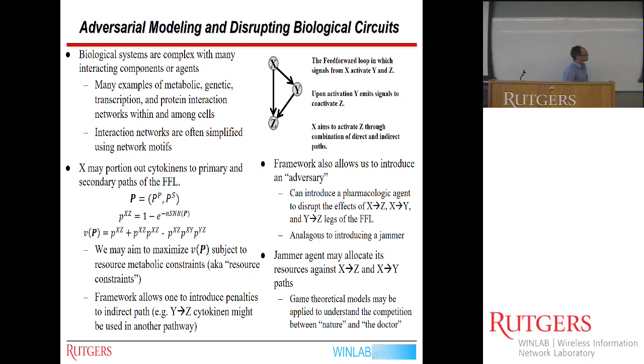And so that's part of the program that my group is working on, is trying to understand, if we take something like these feed-forward diagrams, how can we target and disrupt a feed-forward diagram in a biological circuit? And so this is really similar to trying to target a 3-node communication network, where I'm introducing jamming interference here, here, here, by trying to slow down the reaction rate of those equations.